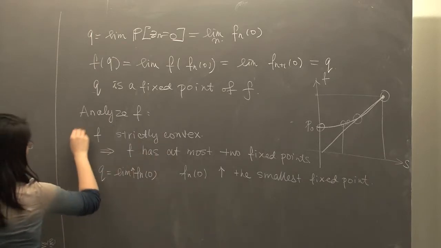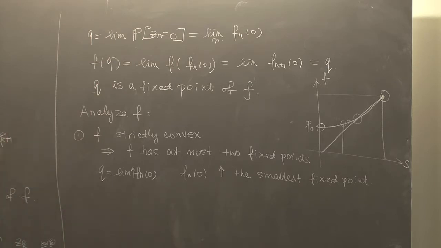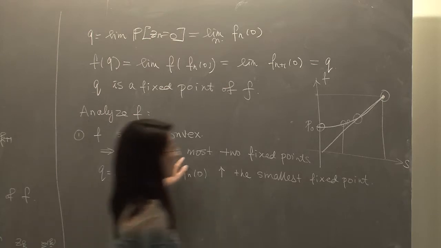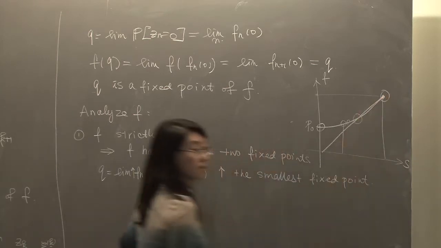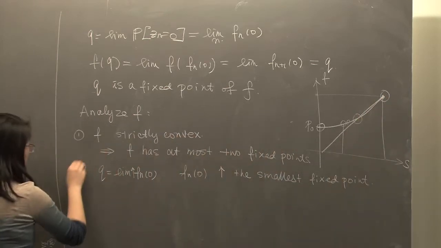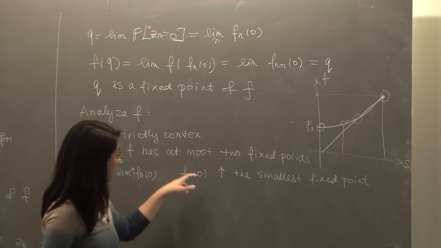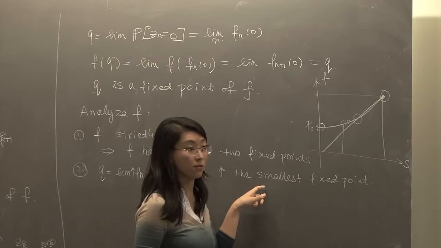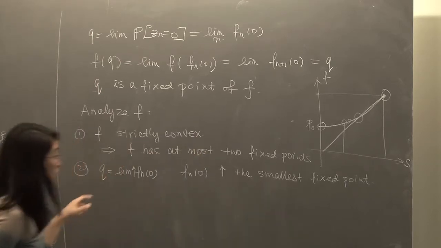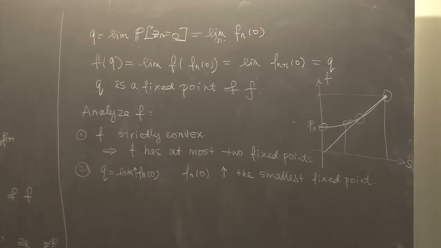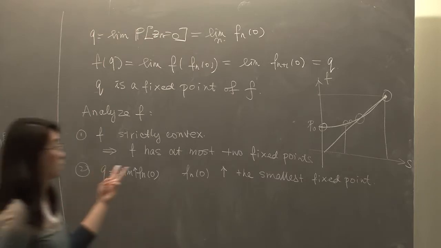So first we know that since F is strictly convex, there are at most 2 fixed points. And we already know that we have one at 1. And second, we know that this sequence F_n(0) will increasingly converge to the smallest fixed point. And this smallest fixed point is our extinction probability. So there are at most 2.